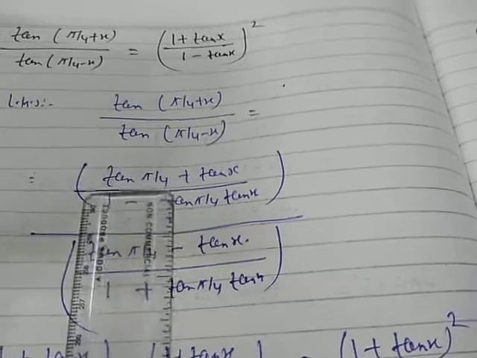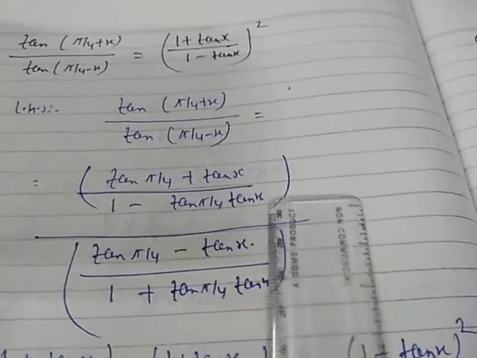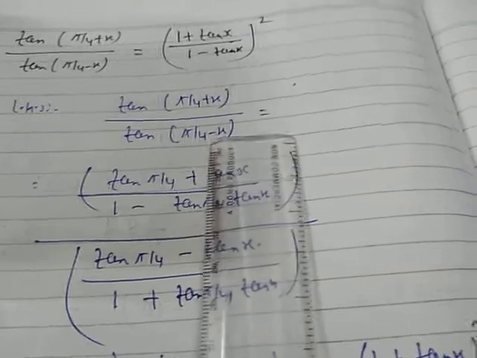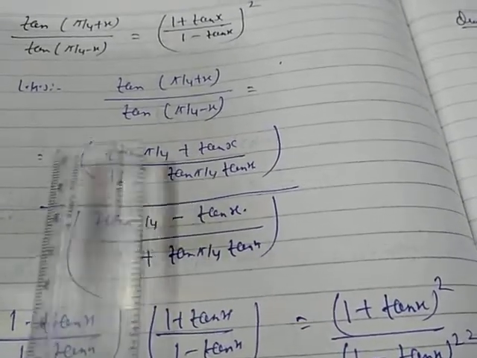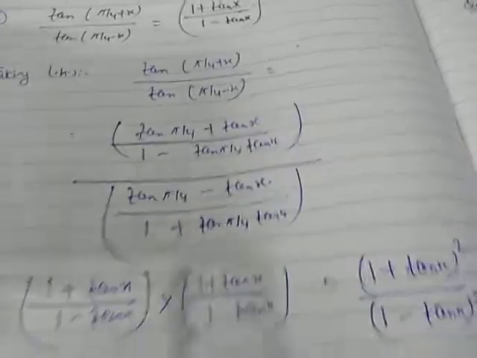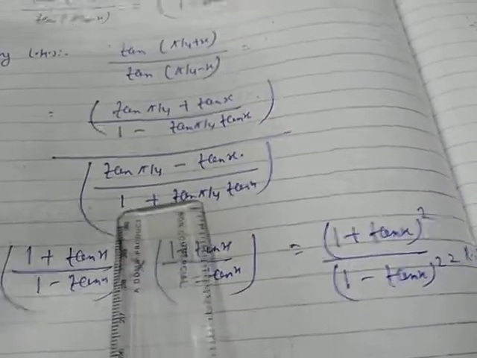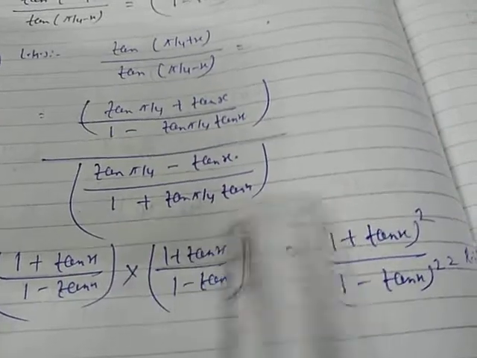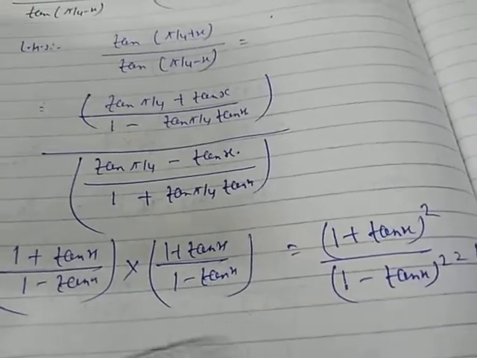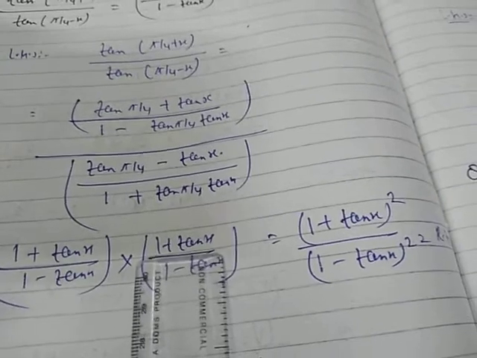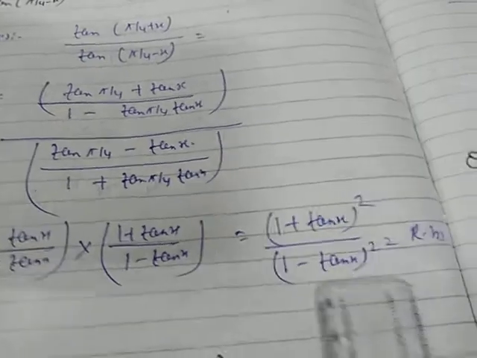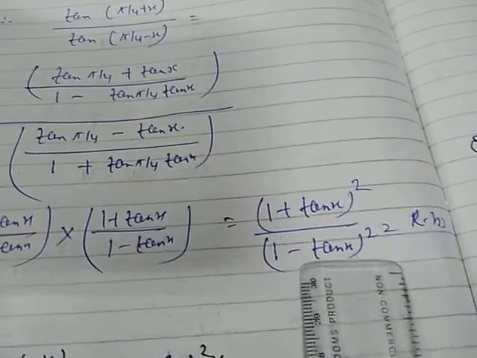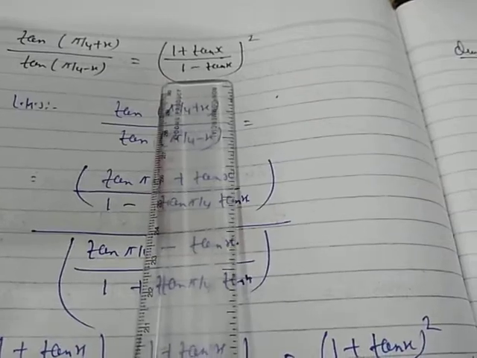So it is tan A plus tan B upon 1 minus tan A tan B, and for the other, minus: tan A minus tan B upon 1 plus tan A tan B. Since tan pi by 4 is 1, it is written as 1 plus tan x upon 1 minus tan x, and here 1 plus tan x upon 1 minus tan x. 1 plus tan x into 1 plus tan x is (1 plus tan x) whole square. 1 minus tan x into 1 minus tan x is (1 minus tan x) whole square. Therefore this is your RHS.